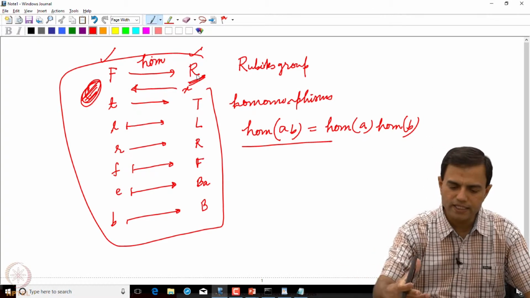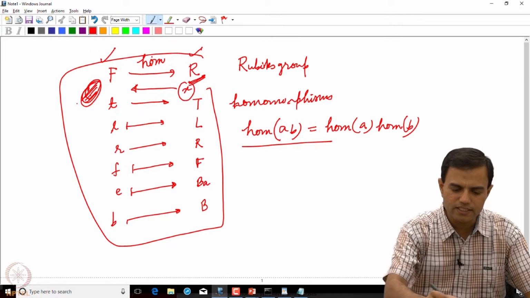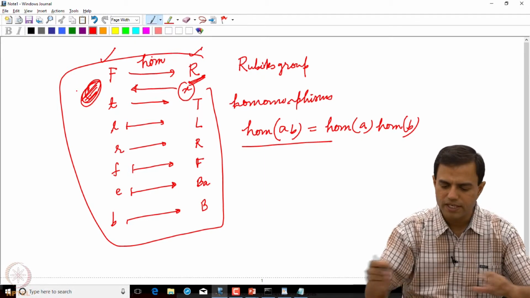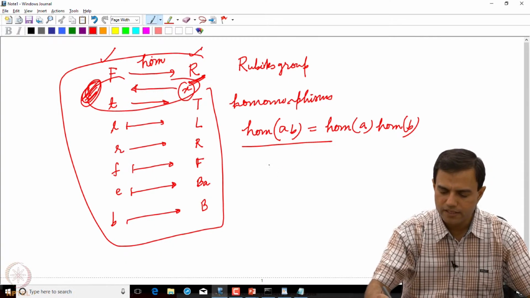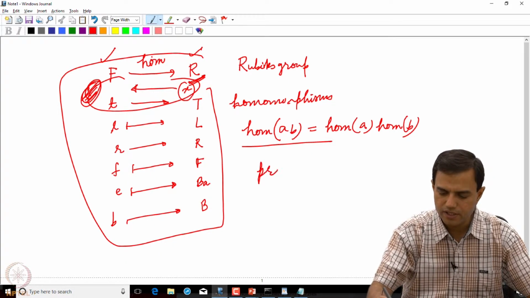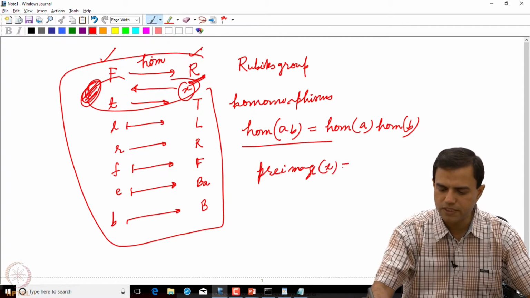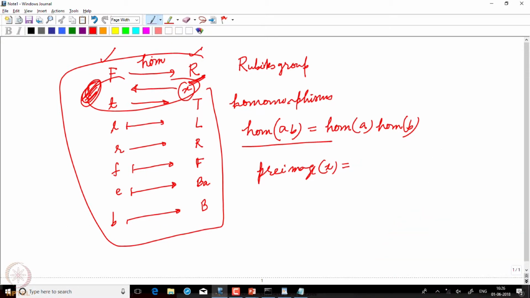So our random element X is a certain combination. Say, just for illustration, I am taking a pre-image of X to be, say, T L inverse R F inverse E B inverse R L, something like that. So that is X, right? That is the state.